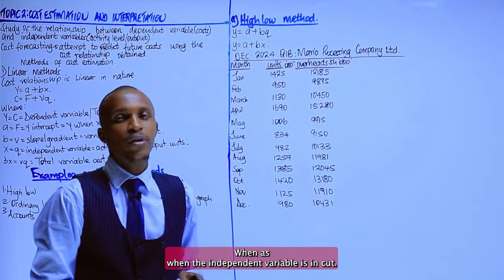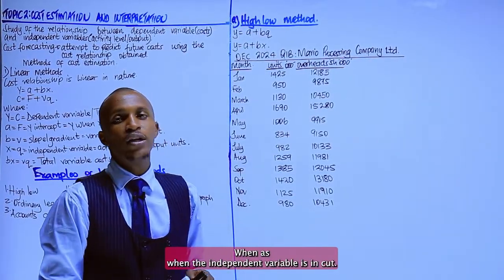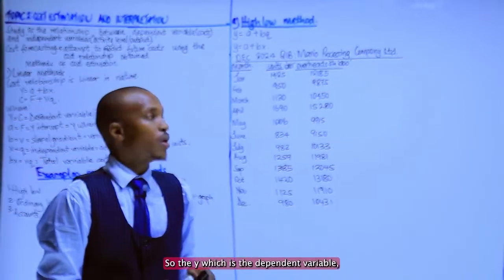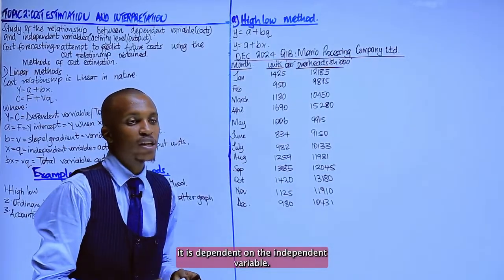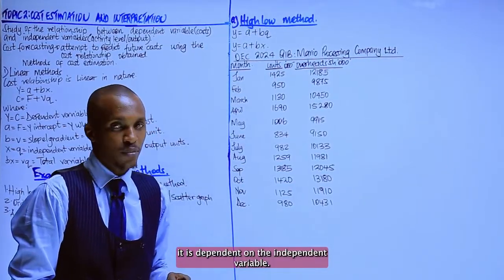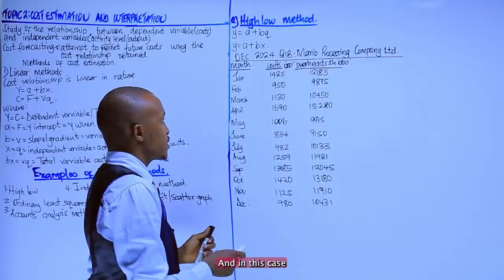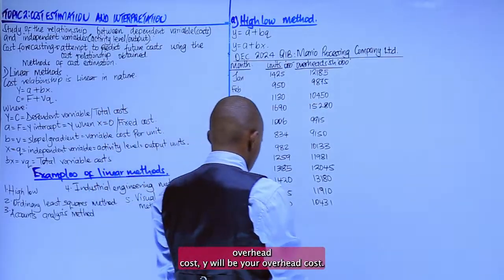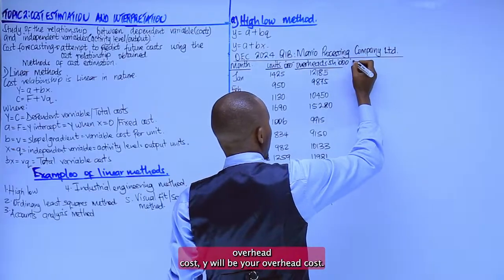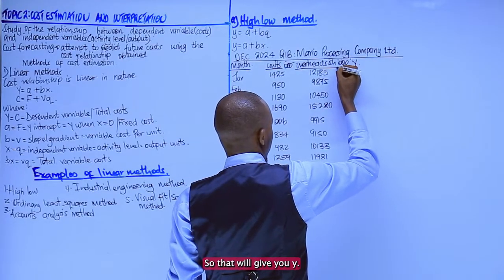When the independent variable is incurred. So the y, which is the dependent variable, is dependent on the independent variable. And in this case, y will be your overhead cost. So that will give you y.